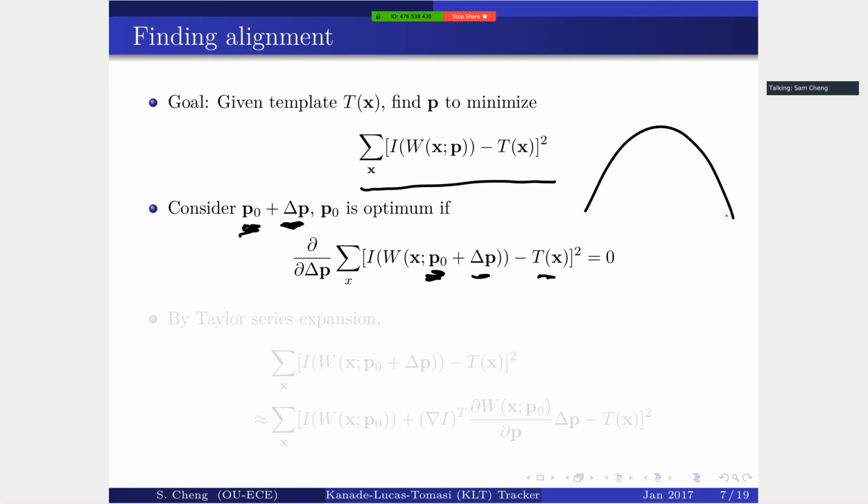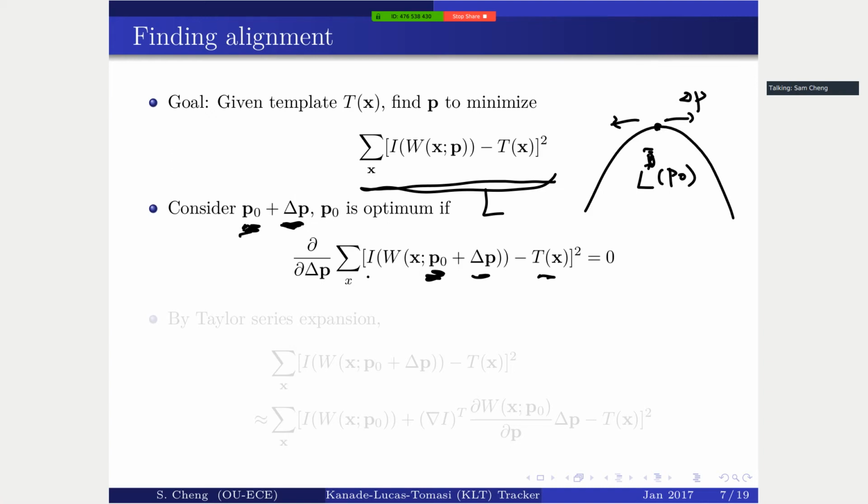At the point p_log, if I make any changes in any direction, delta p, the slope should be equal to 0. Yes, that's what we did.